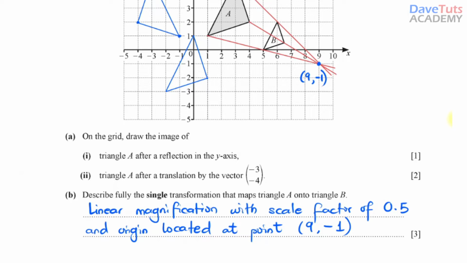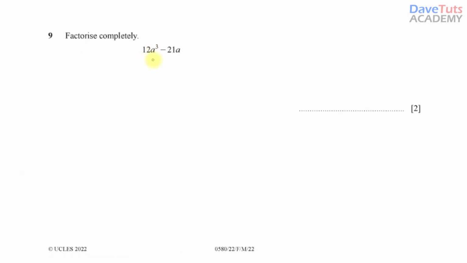Okay, so here we are to factorize completely 12a raised to power 3 minus 21a. First, we can see that we have a in the two terms, so we can bring a out. 12 and 21, what is the common factor that we can get from there? I think it is 3, so that if we are taking 3a out of 12a cubed, we have 4a raised to power 2.